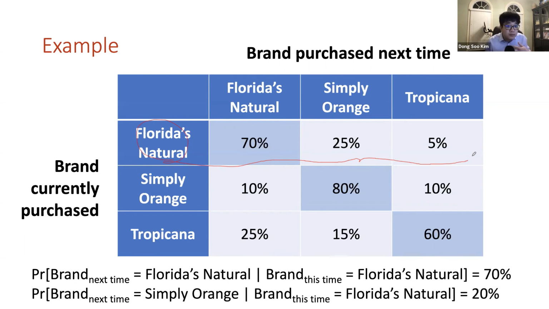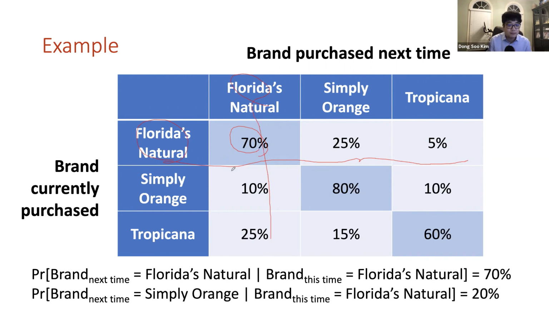The brand purchased next time is Florida's Natural, so we need to look at the column of Florida's Natural. Then, in the row, in the column, we have this 70%. So that's the probability of purchasing Florida's Natural again once Florida's Natural was bought this time.